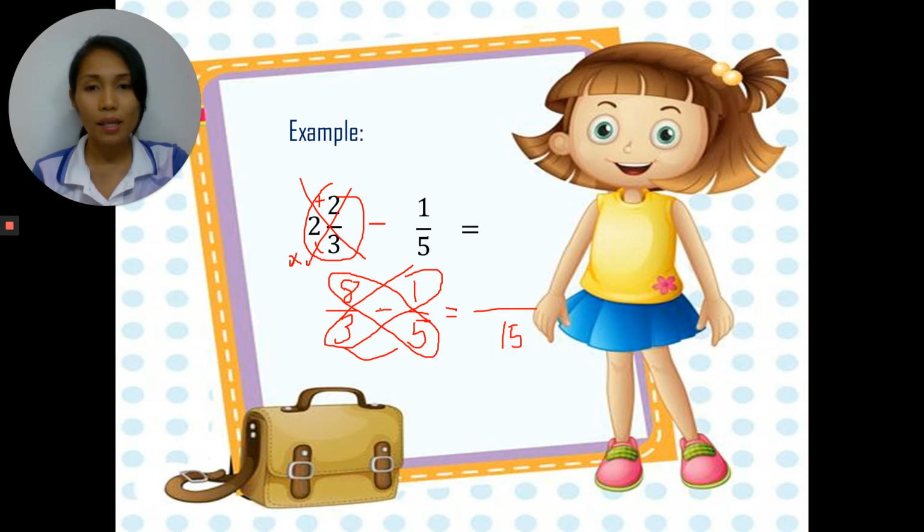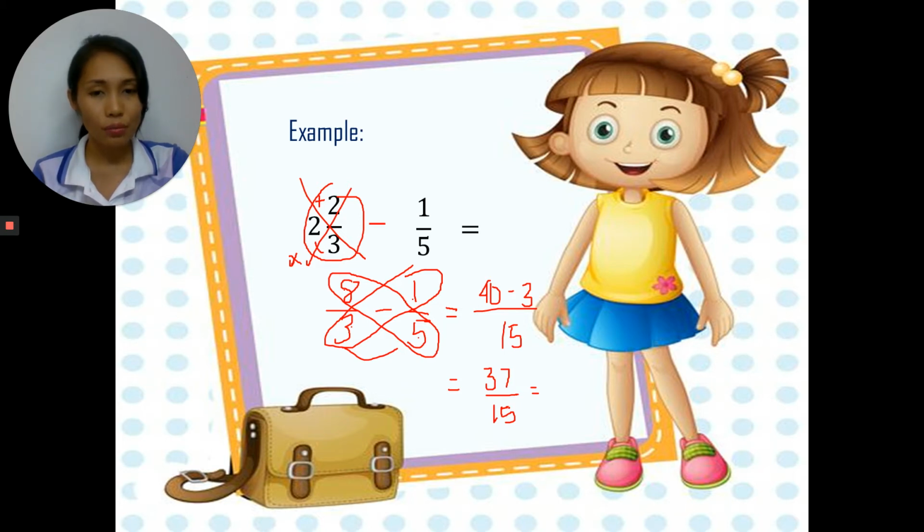Now 8 times 5 equals 40, minus 3 times 1 is 3. Okay, so let's see. 40 minus 3 is 37. Denominator is 15.